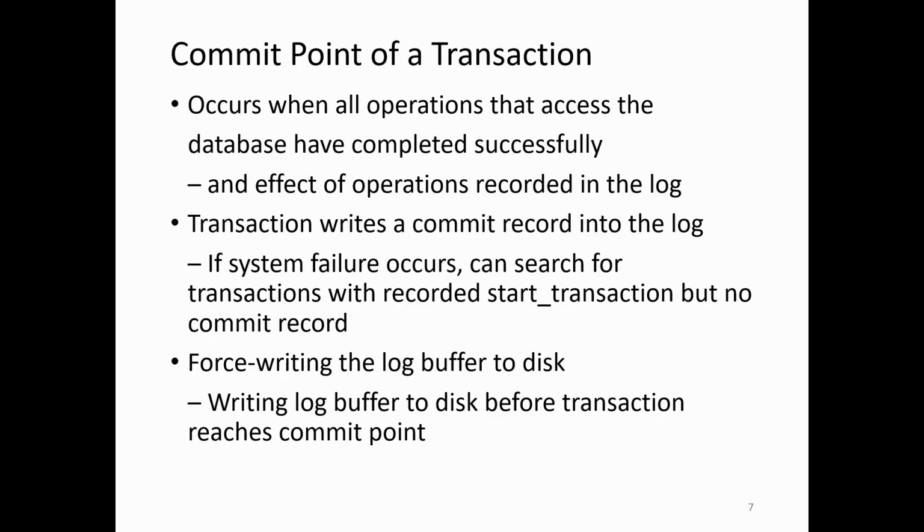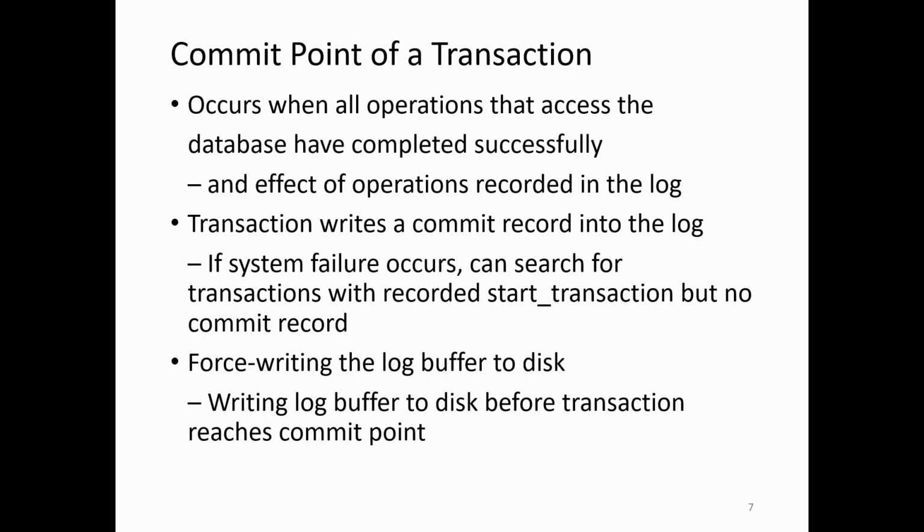So what does it mean by commit point of a transaction? The commit point of a transaction happens after all the database operations associated with that transaction have finished successfully, and also those effects of operations are recorded in the log file.